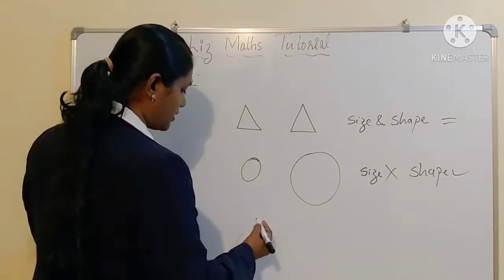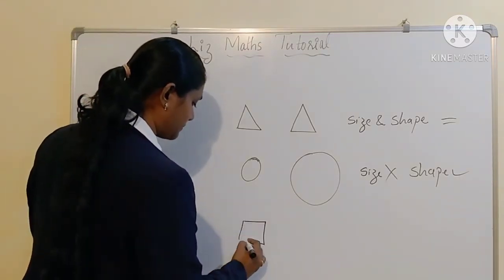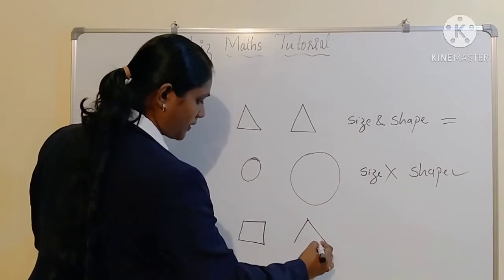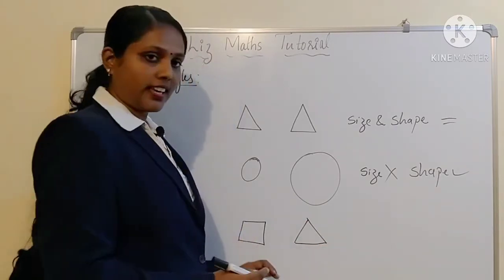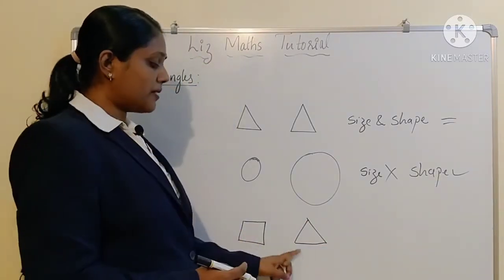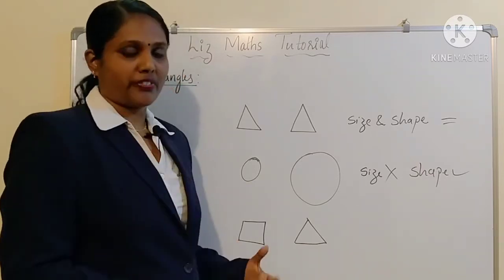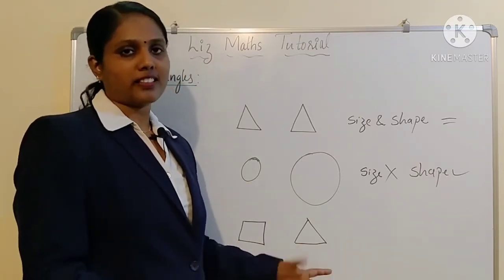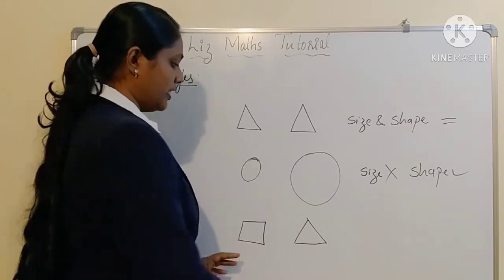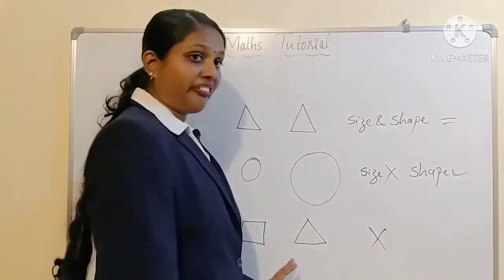But when you compare this one, what can we see here? You can see the shapes are different and the size is also different. When the shape is different, obviously the size is also different, isn't it? So here both are different.